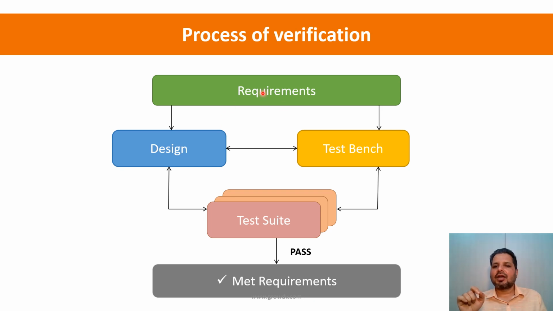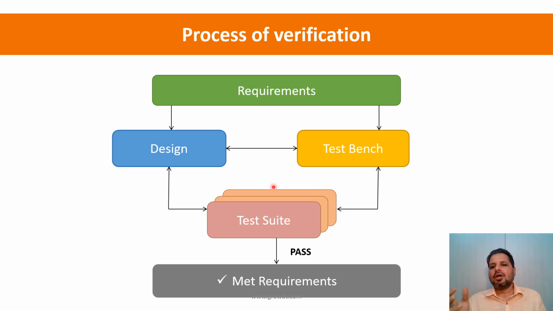So we started with requirements. Requirements are translated into design. Requirements are translated into a form of verification. When we say verification, we have already seen it's nothing but the stimulus that we are generating and the checks that we need to do. And this test bench is an environment that makes it easy, that provides you all the abilities to be able to do that, exactly similar to the digital IC tester that we saw in the previous slide.